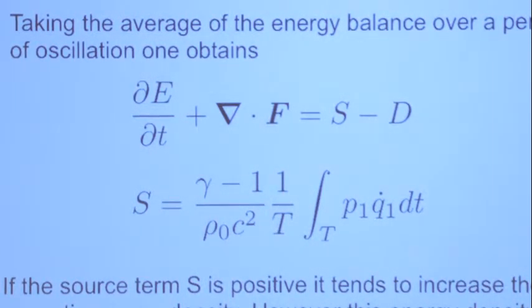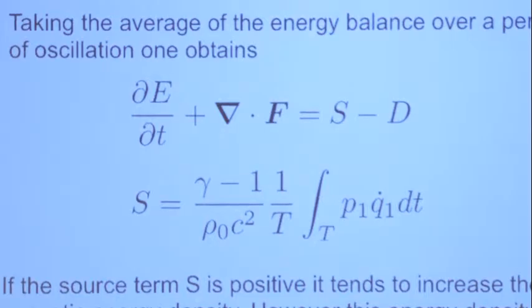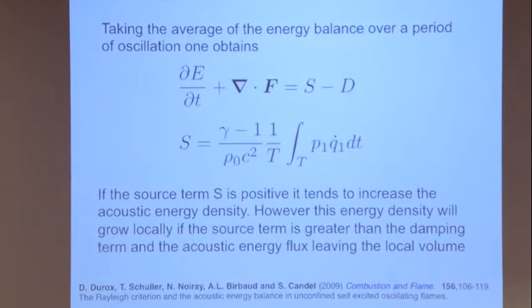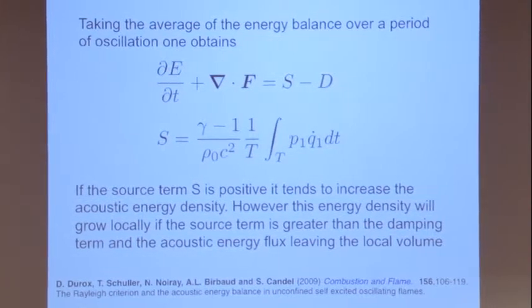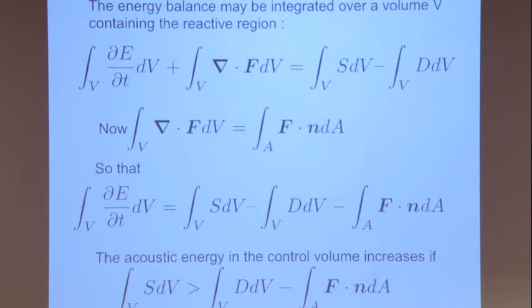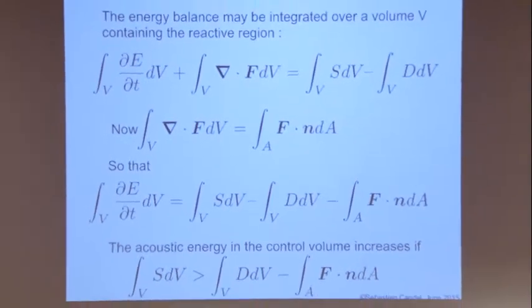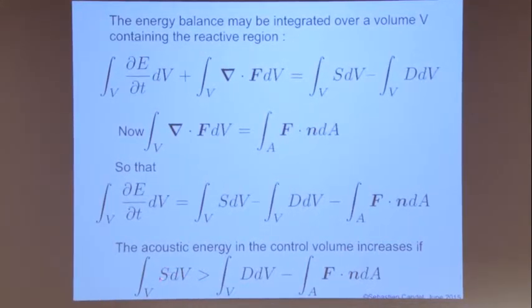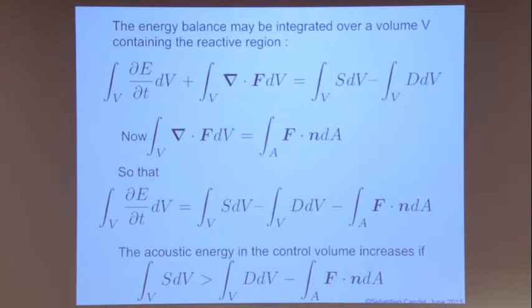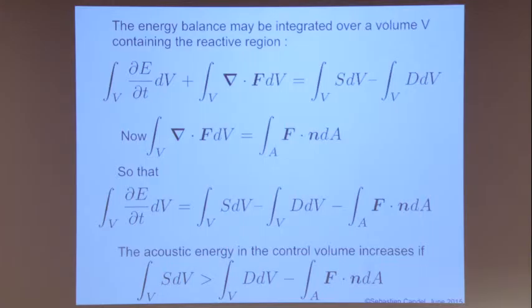You can look at this paper. We tried to measure this balance in a few systems. This was initiated by Daniel Durox, and we wrote that. Again, this is what I've just said: if you have this greater than that and that, then you have a growth in the energy.